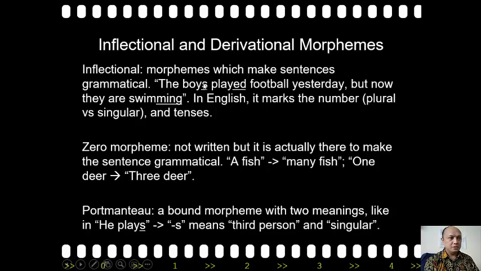See, in boys, the s there is an inflectional morpheme. Played, the ed there is also an inflectional morpheme. Swimming, the ing there is also an inflectional morpheme. Why? Because they have to be there in order to make the sentence grammatical.